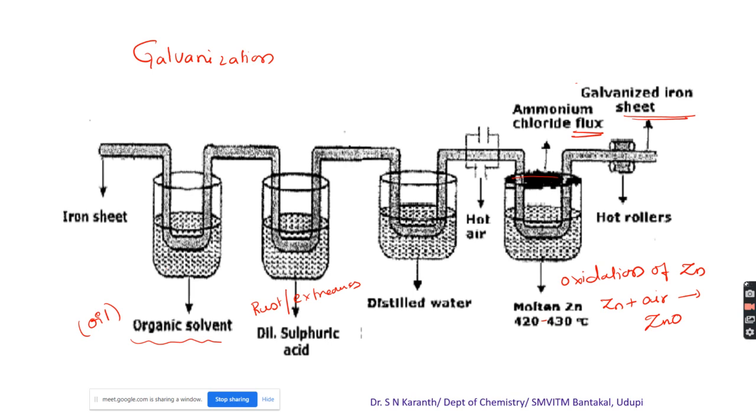Then it is passed through distilled water to remove the acid component. Then air dried, then it is passed through molten zinc maintained at a temperature of 420 to 430 degrees Celsius, covered by an ammonium chloride flux to prevent the oxidation of zinc. Then the sheet is passed through two hot rollers in order to wipe out the excess amount of zinc. And that process is what we call galvanization.